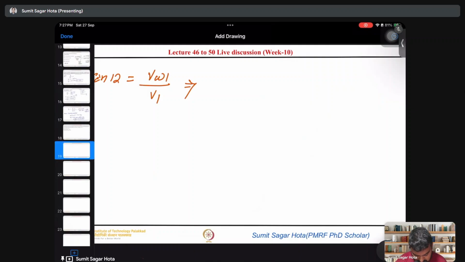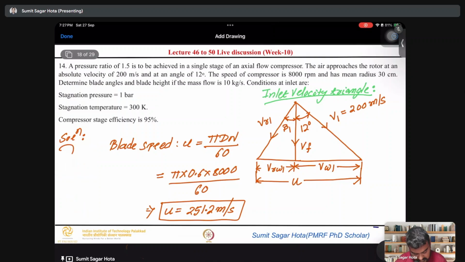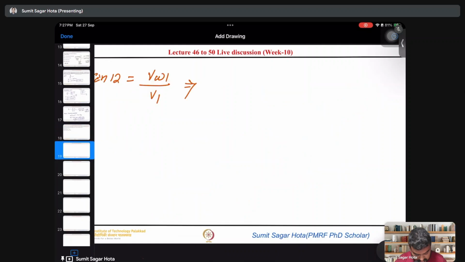In the question it's mentioned the air approaches the rotor at an absolute velocity of 200 meter per second. So V1 is already given as 200 meter per second.